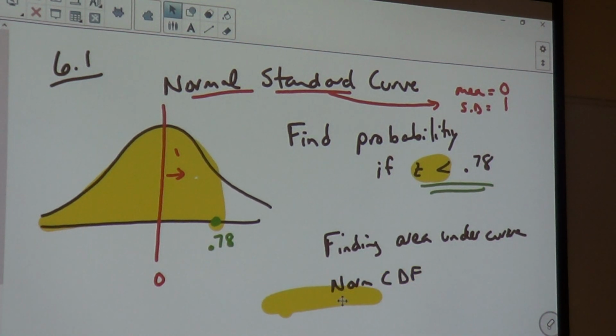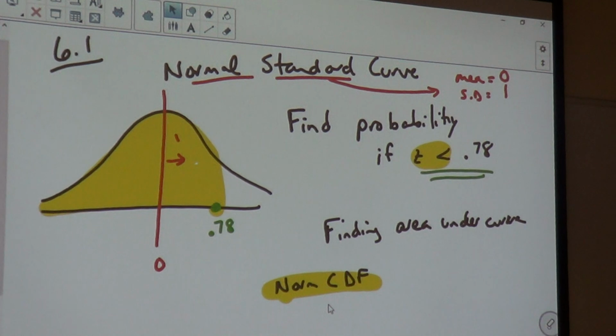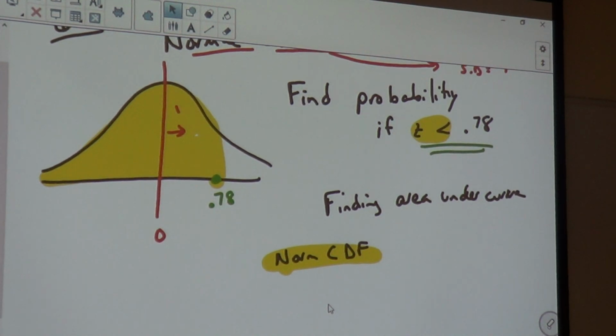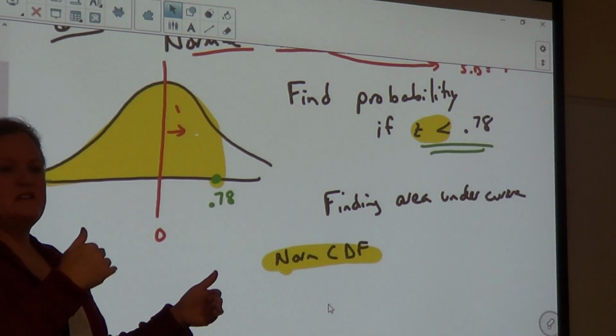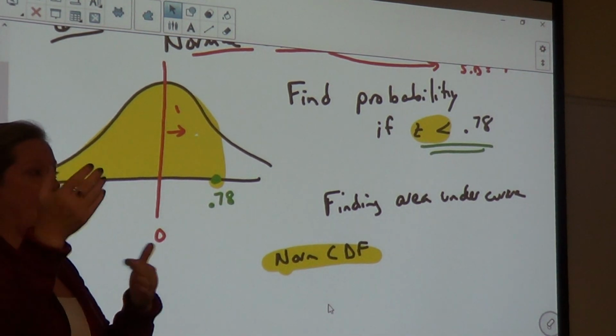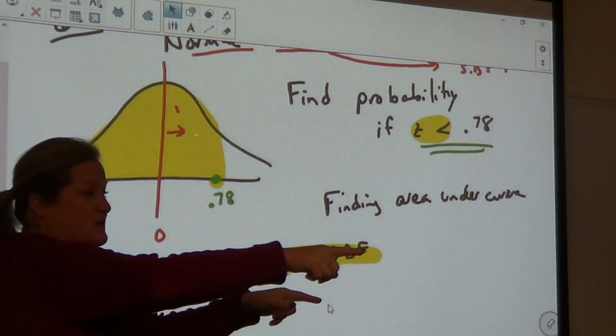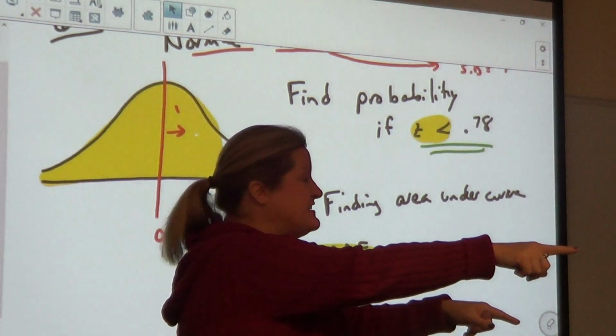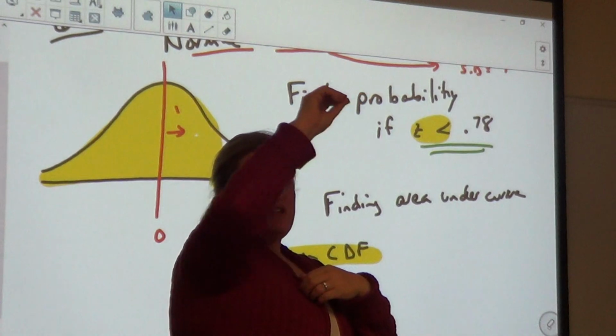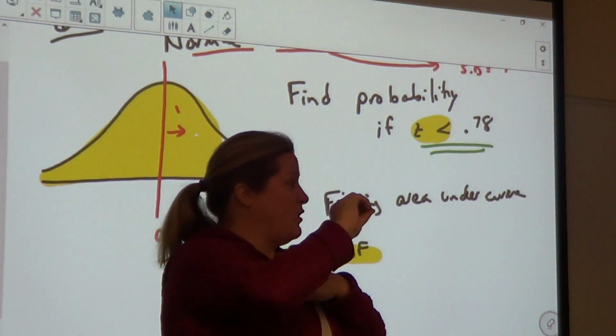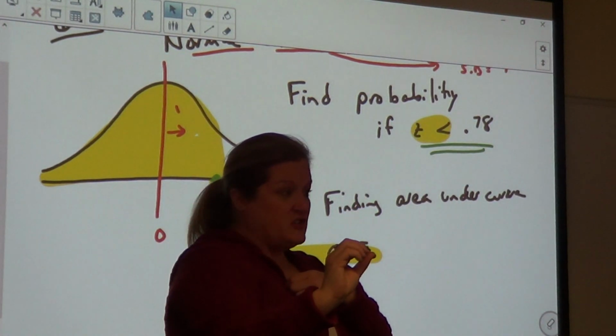Now, I did walk to the tutor room yesterday after class, Tuesday after class, because we all have different calculators, and I wanted to make sure what kind of calculator they had when you're going to do your test. The testing calculator is going to be like theirs. It's not going to say what is your left, what is your right, what is your mean, what is your standard deviation.